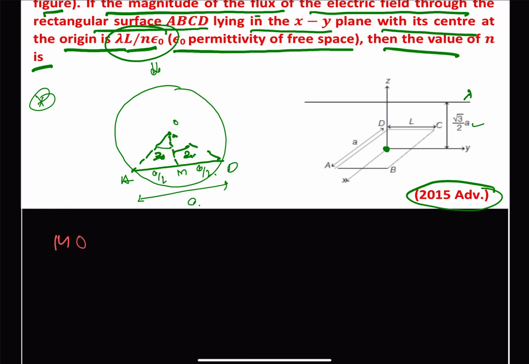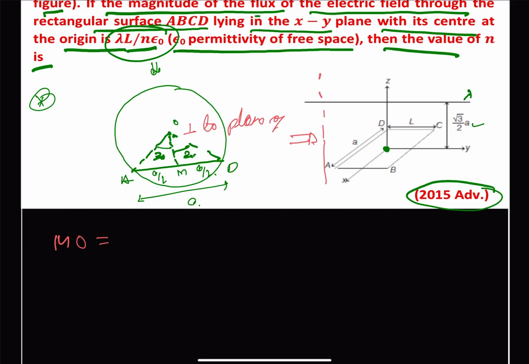So we can say our MO is given as, okay, in this case we have to remember that the line charge is passing through this point O and is perpendicular to the plane of the paper.